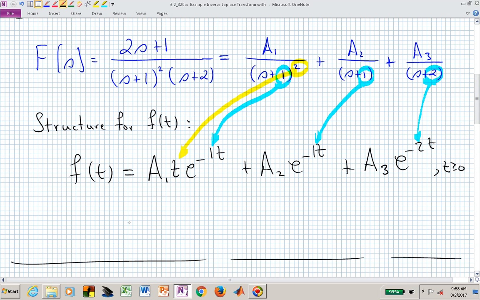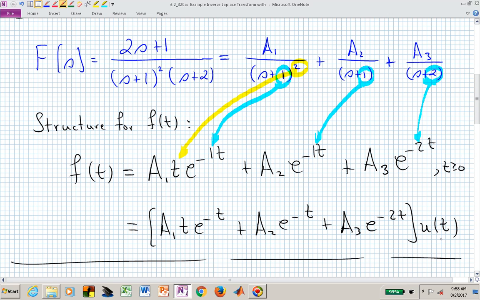You could also write this structure as a1 t e to the minus t plus a sub 2 e to the minus t plus a sub 3 e to the minus 2t, all true only when t is non-negative, and that happens by switching those terms on with the unit step u of t, which is only 1 when the argument is non-negative, or when t is greater than or equal to 0.